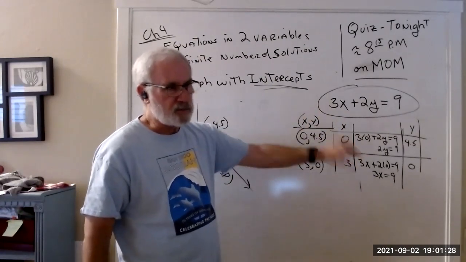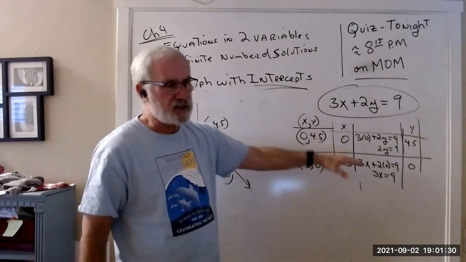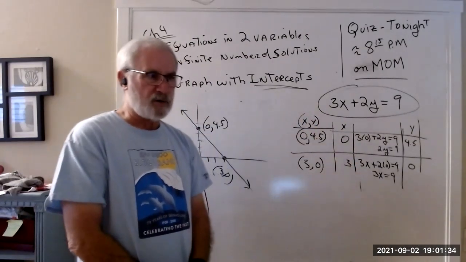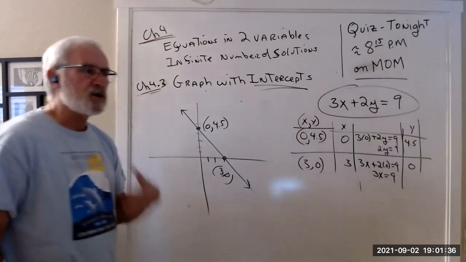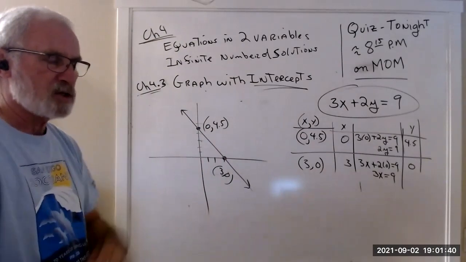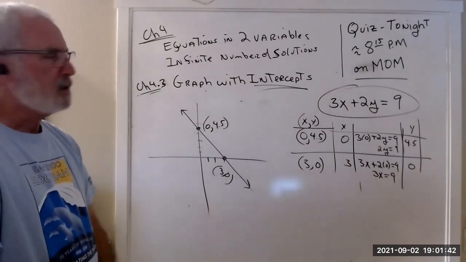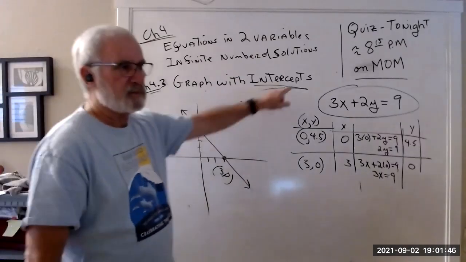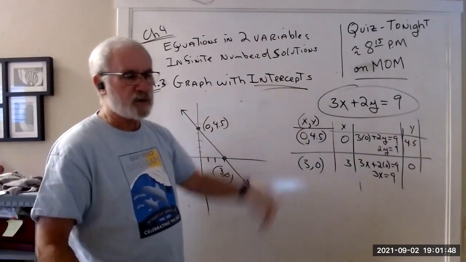Sometimes this is the best, fastest way. Sometimes the other ways are faster. Your job as a student is to learn what works for you: the fastest, most accurate way to graph a line and to answer whatever the question is.